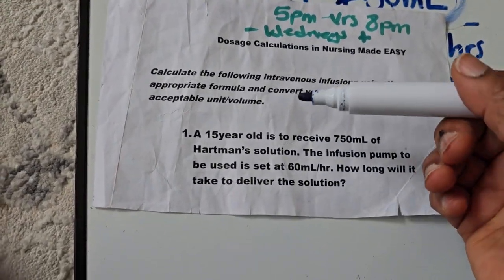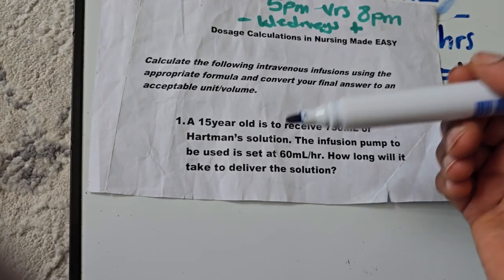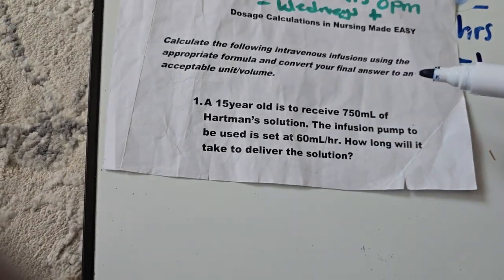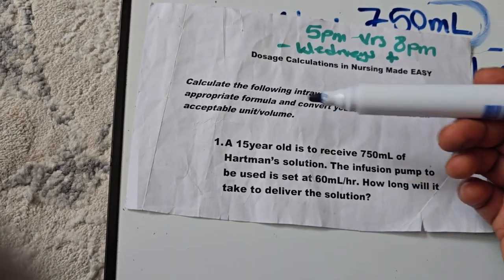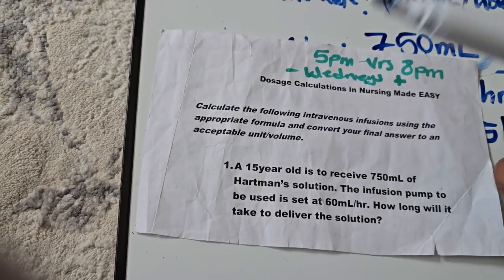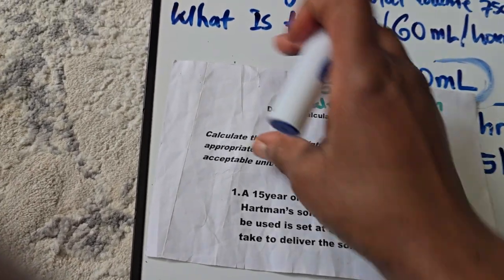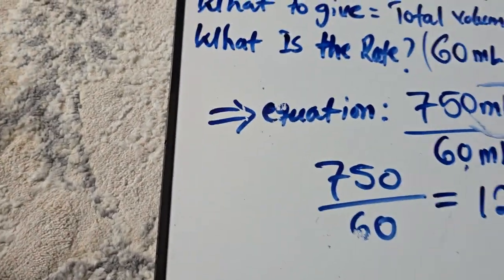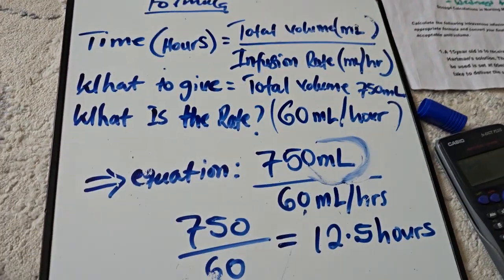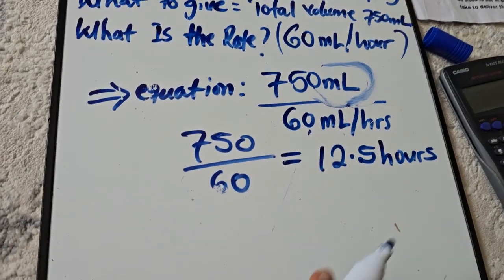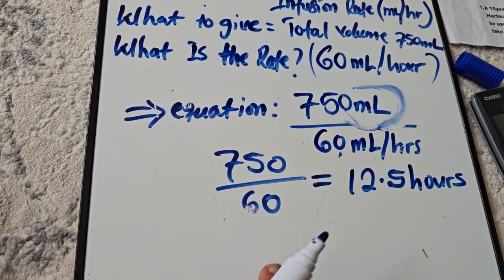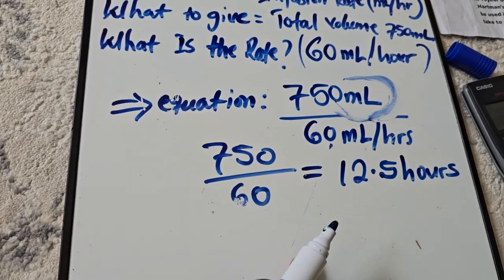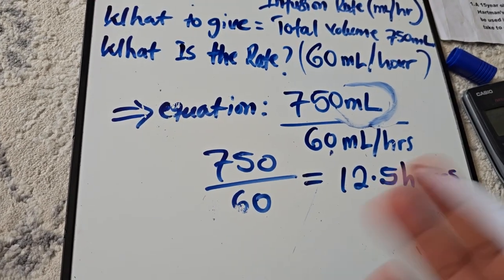Now what was our main question again? So the main question did say to us, when we complete everything, we should make sure to convert our final answer to an appropriate volume/unit. So we've worked our way all the way through this bit. So now the only thing we need to do is to convert the decimal point to minutes.